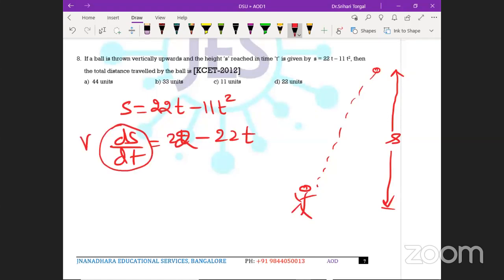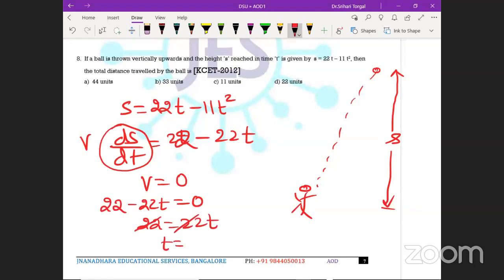Velocity is 0 when it reaches the maximum height, right? v is equal to 0. 22 minus 22t is equal to 0. 22 is equal to 22t. 22 gets cancelled and t is equal to 1. You can reach this height in 1 second.